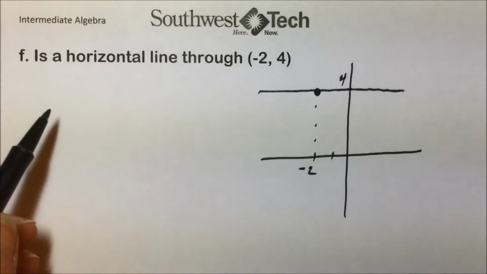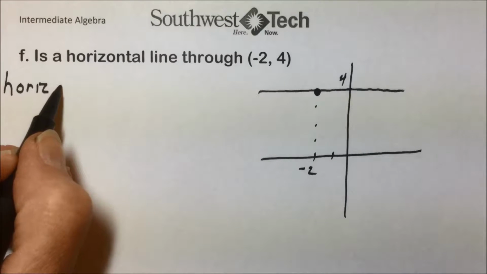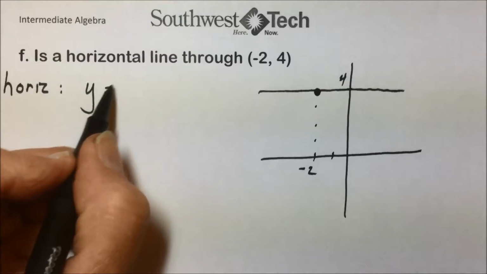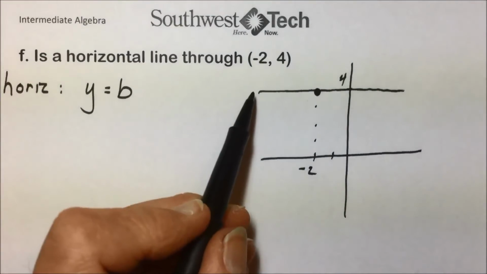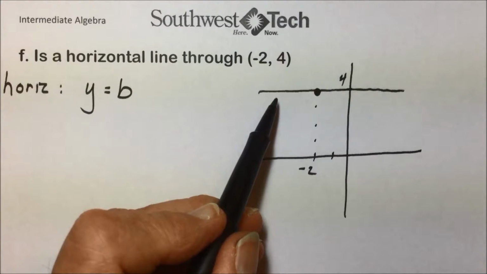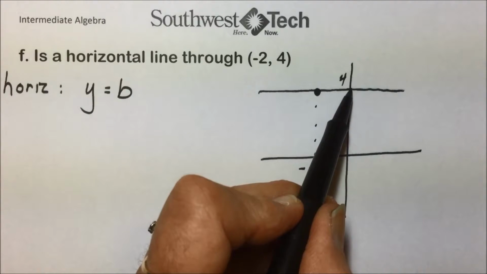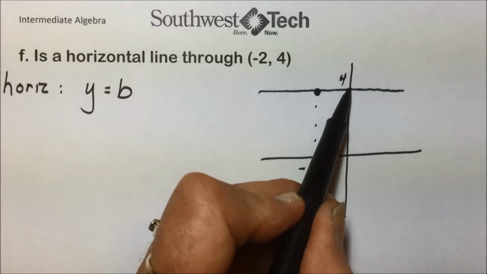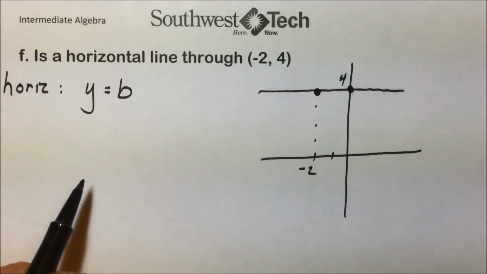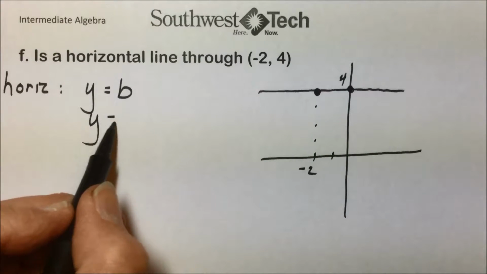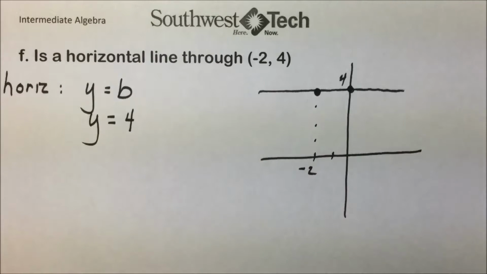An equation of a horizontal line is of the form y is equal to b. And in order for -2, 4 to be a solution of this, we must have a y-intercept of +4. So our equation ends up being y is equal to 4.